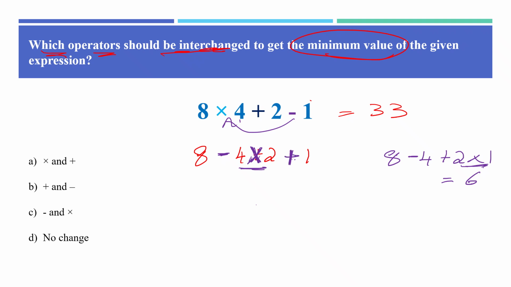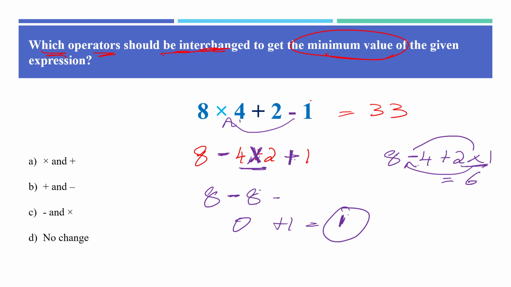So 4 times 2 is 8. 8 minus 8 is 0, plus 1. The answer is 1. So I guess this would be the simplest. So I go with the negative sign should be interchanged with, oh, actually we have to do only two symbols, two changes, not three. In that case, I stick with negative with multiplication and multiplication with negative. So I go with option C.